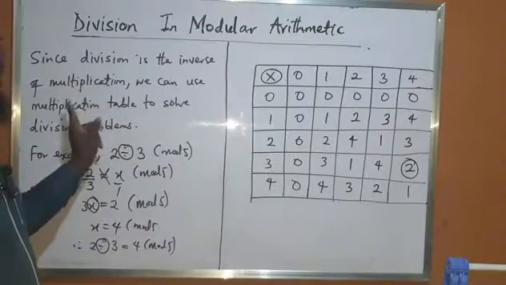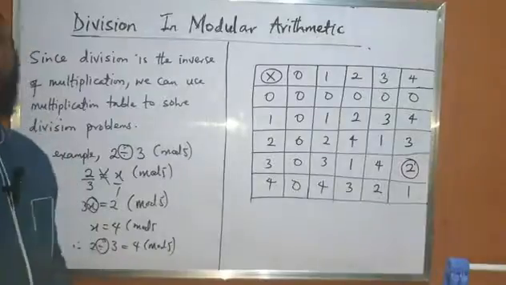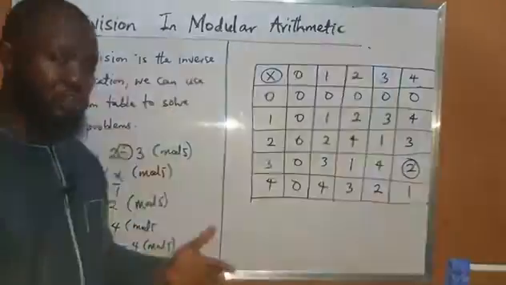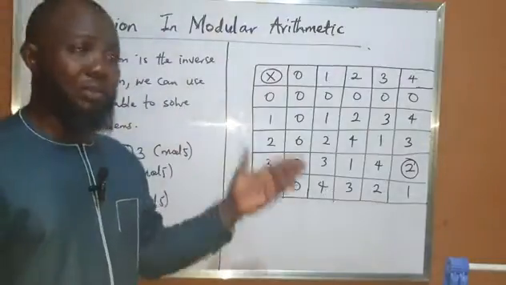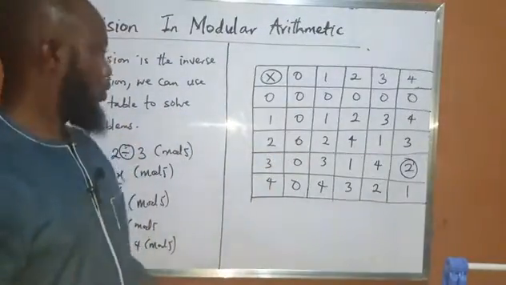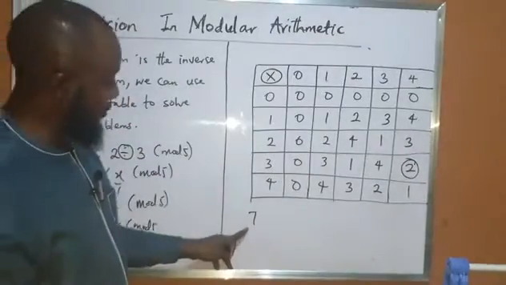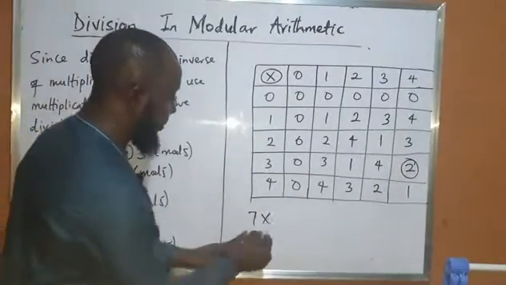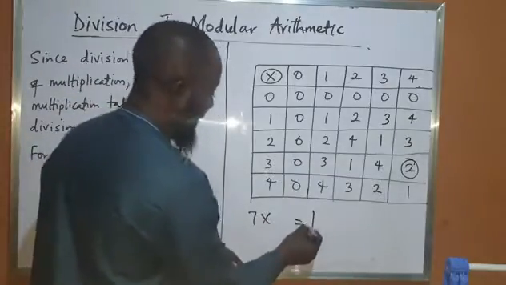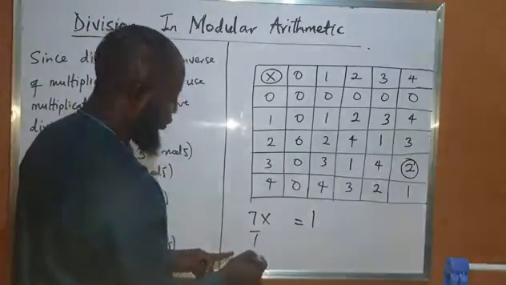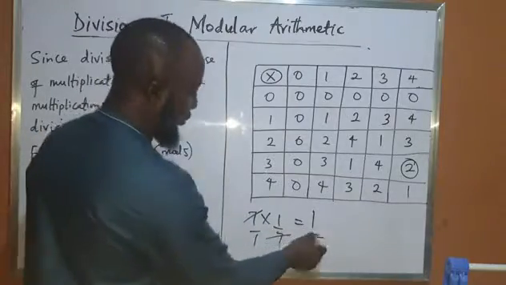So we need to learn what is the multiplicative inverse of a number. When we talk about the multiplicative inverse of a number, we are saying: what number are we going to multiply by that number that will make it 1? So the multiplicative inverse of 7 is a number that we multiply by 7 and get 1.